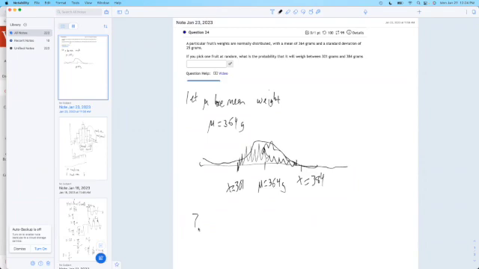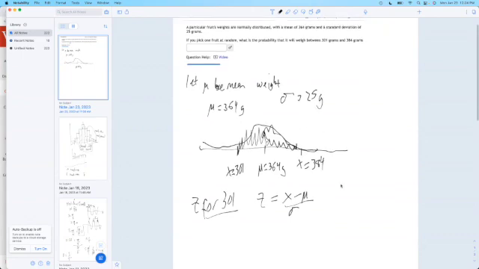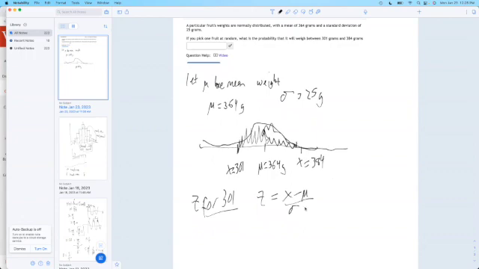I find my z-scores. Remember, z-score for, let's say, the 301. Our formula is z equals x minus mu over sigma. We were also told our standard deviation, sigma, was 25 grams. You can memorize this formula here if you want, but we're going to have like 7 different formulas for z-score this semester.